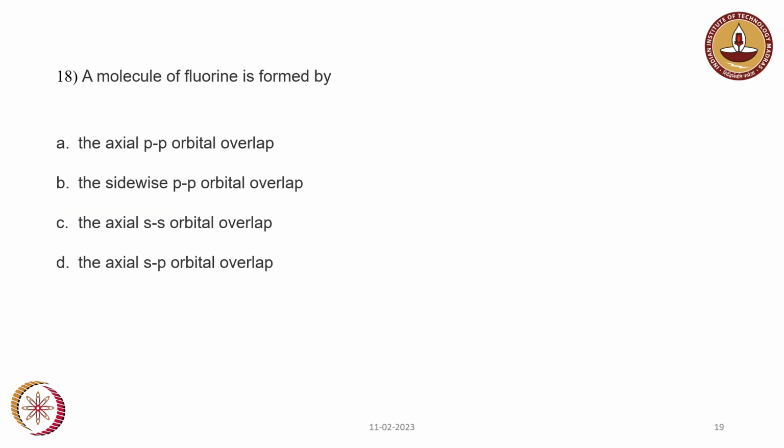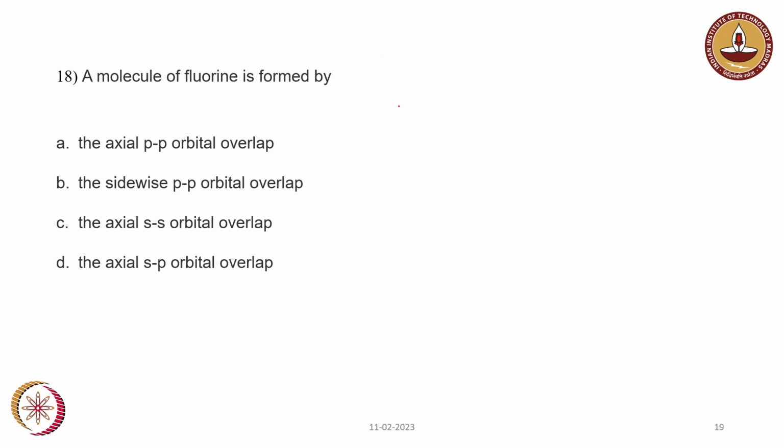And the next question is, a molecule of fluorine is formed by, option A, the axial pp orbital overlap, B, the sidewise pp orbital overlap, C, the axial ss orbital overlap, and D, the axial sp orbital overlap. So we don't need to consider the hybridization here.